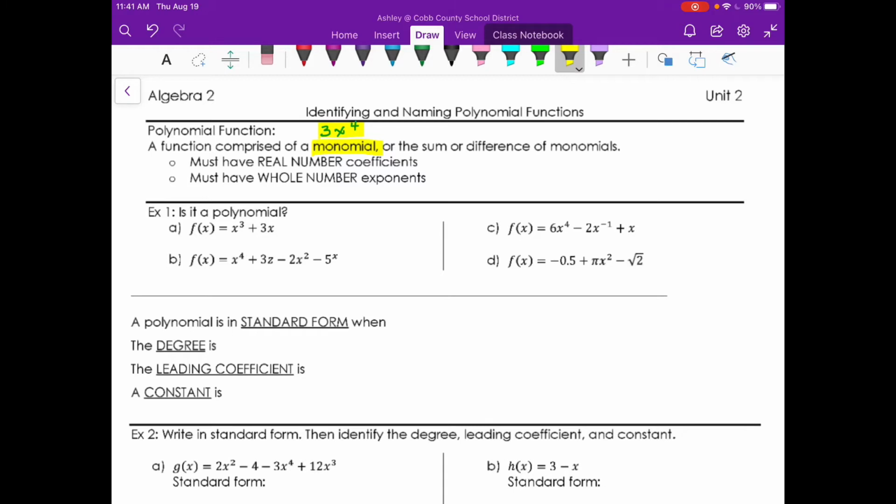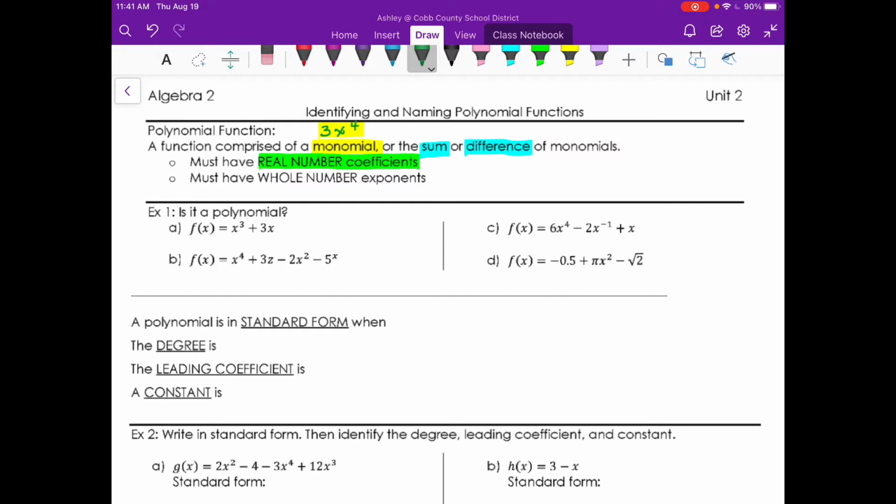And so when you string together more than one monomial with a plus or a minus, that becomes a polynomial. So a polynomial has to have two specific things. It has to have real number coefficients. And so let's talk about what real numbers are. Real numbers are any numbers that we know that are not imaginary.